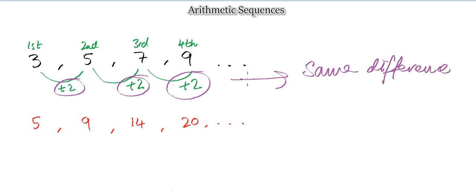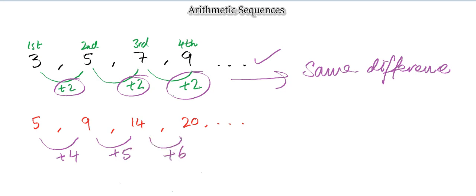So is this an arithmetic sequence? Yes, of course it is. Now, let's just have a look at the second sequence and see for ourselves whether that is an arithmetic sequence or not. So, difference between the first term and the second term, plus 4. Difference of second and the third term, plus 5. Third and the fourth term, plus 6.